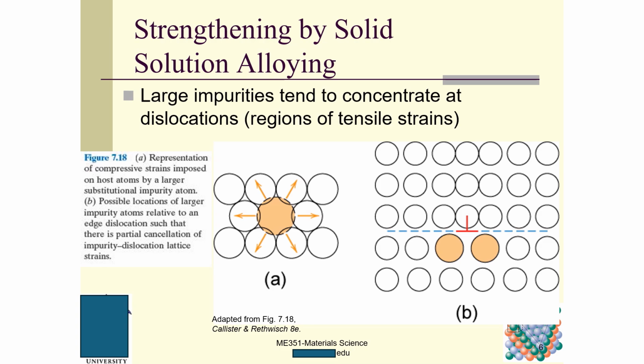The white circles stand for the host atoms. B is a possible location of larger impurity atoms relative to an edge dislocation, because this is a half plane, such that there is a partial cancellation of impurity and dislocation lattice strains.